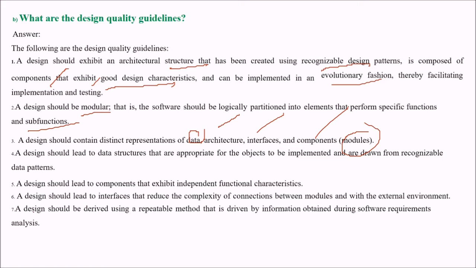These are all modules and they should be represented distinctly. The design should lead to data structures that are appropriate for the objects to be implemented and are drawn from recognizable data patterns. The design should lead to components that exhibit independent functional characteristics. The design should lead to interfaces that reduce the complexity of connections between the modules and the external environment. That is the cohesion and coupling.